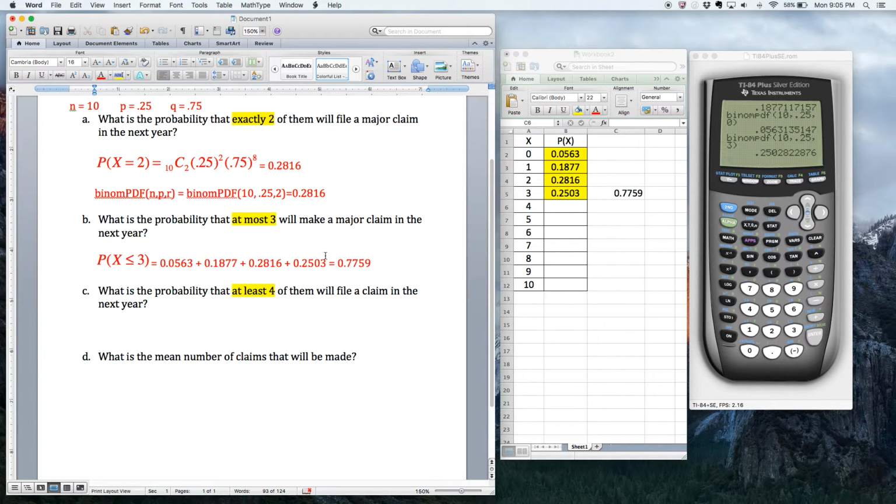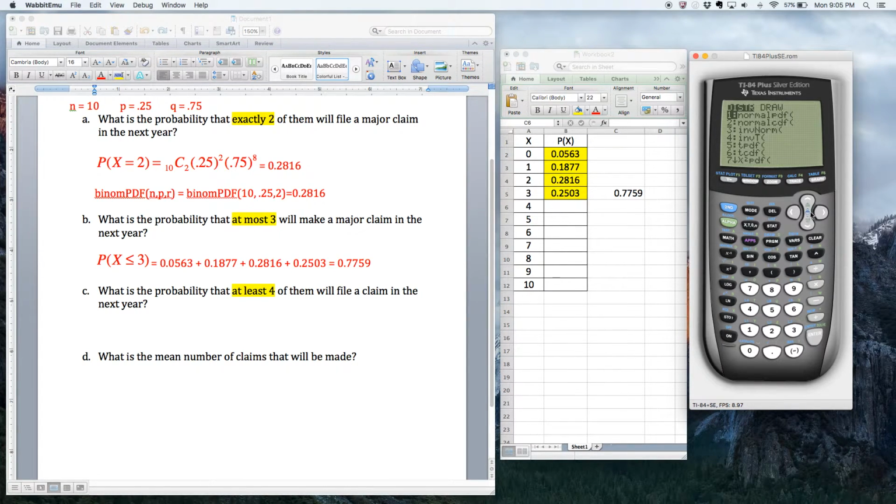Is there a faster way? Can I ask the calculator, hey, just do me a favor and give me all the answers from 3 and backward? As it turns out, there is. The calculator, if you remember, in the vars menu had another binomial function. So if you go second, vars, and go to the bottom again where those binomial functions were, the second one was binomial CDF.